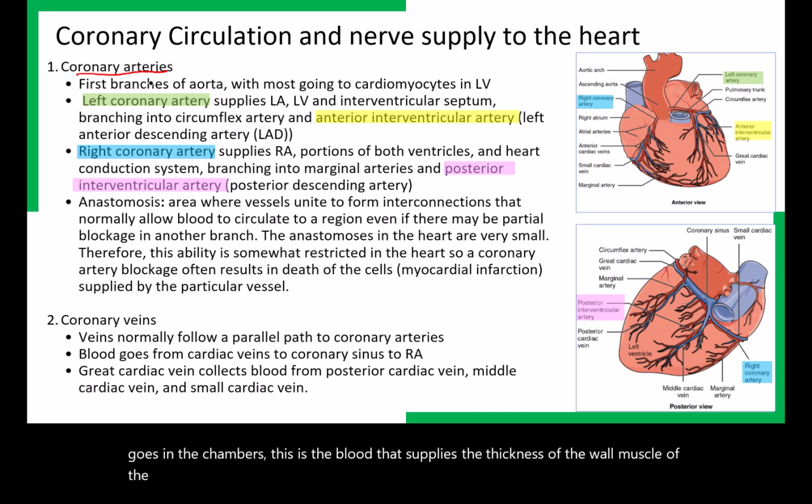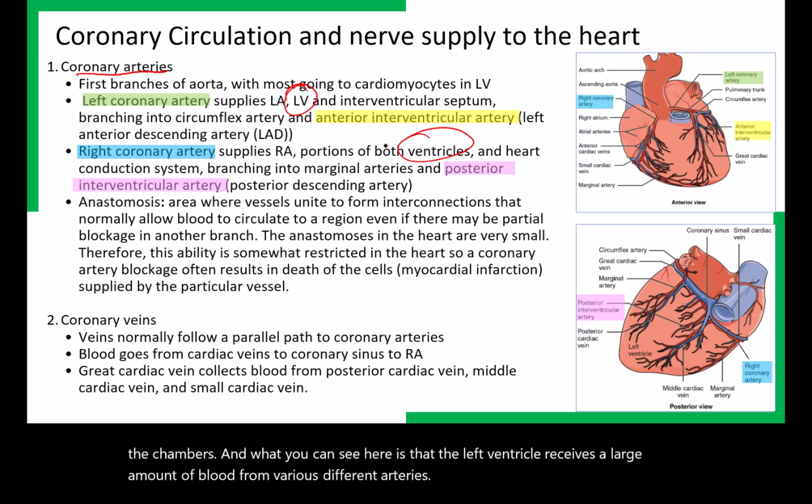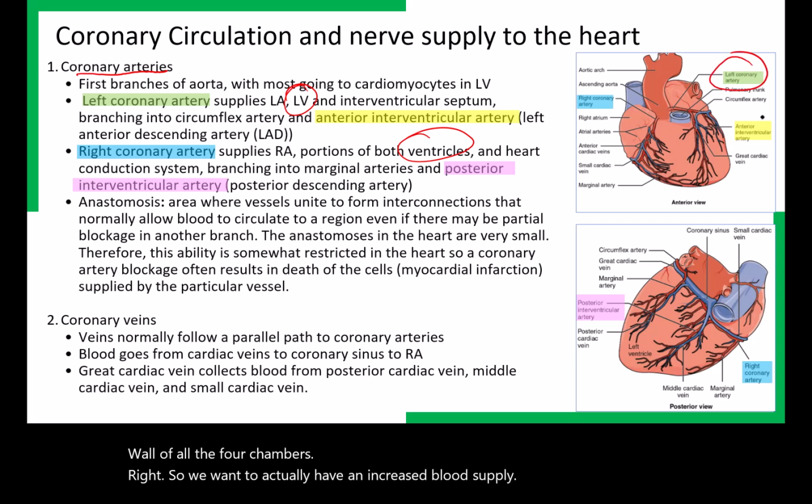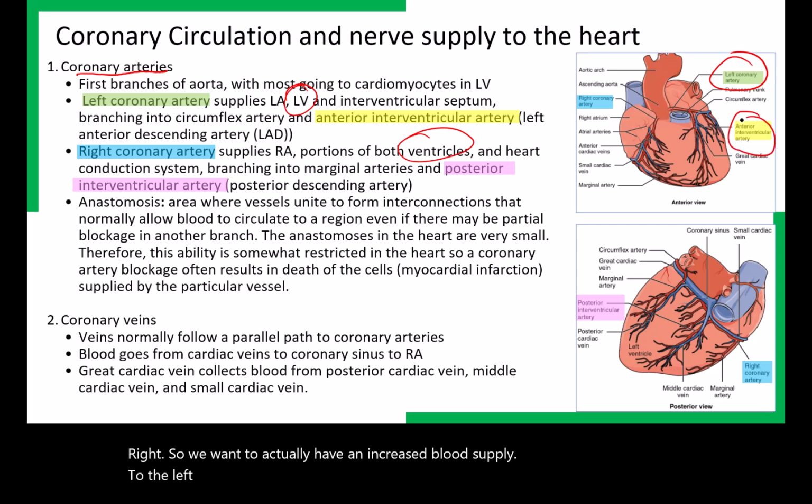And what you can see here is that the left ventricle receives a large amount of blood from various different arteries, because the left ventricle has the thickest wall of all the four chambers, right? So we want an increased blood supply to the left ventricular wall.